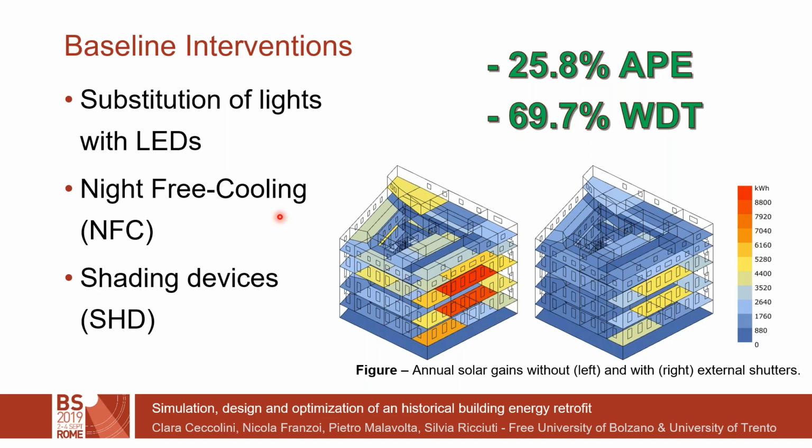And to further limit the risk of overheating, external shielding devices can be effectively used. However, they usually have a fairly high architectural impact. That's why we considered adopting the existing external shutters to limit the solar gains during critical hours.